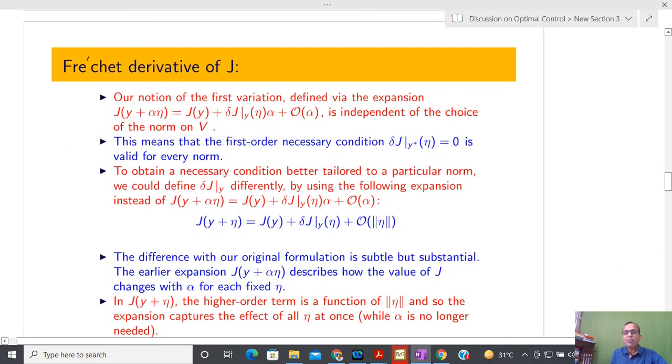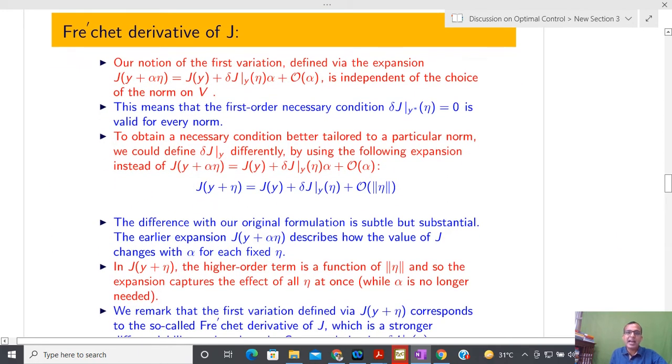Okay, now one more important thing is that you can see here that I have written Frechet derivative. Whenever I talked about the Gateaux derivative, what we are assuming is that for fixed y and n, I have defined the derivative of the functional same like the classical derivative.